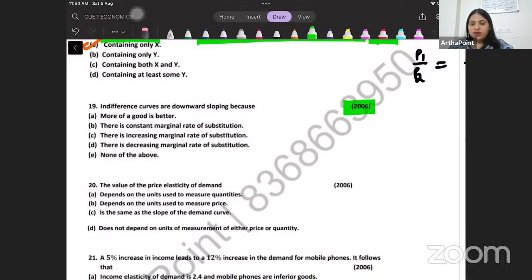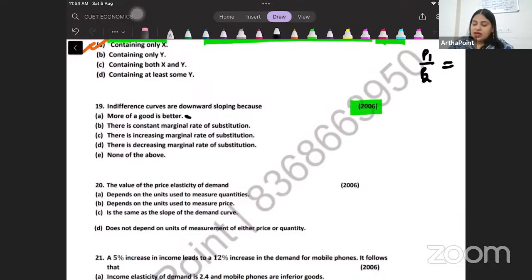I prefer more over less. But it does not mean that it is downward sloping. When I say more is preferred to less, it means that I will prefer higher IC over lower.